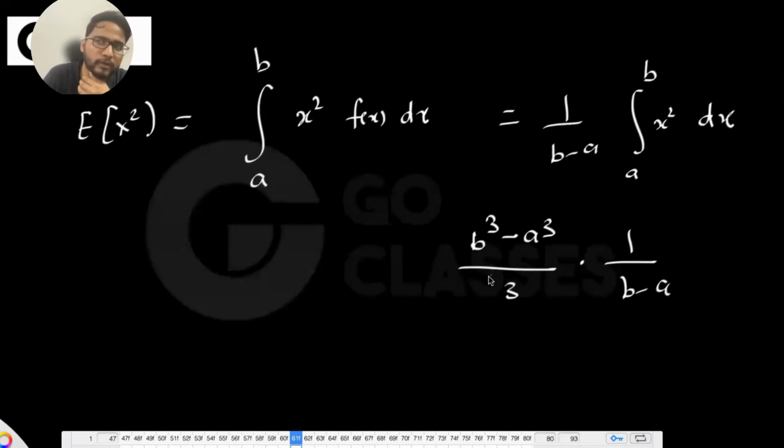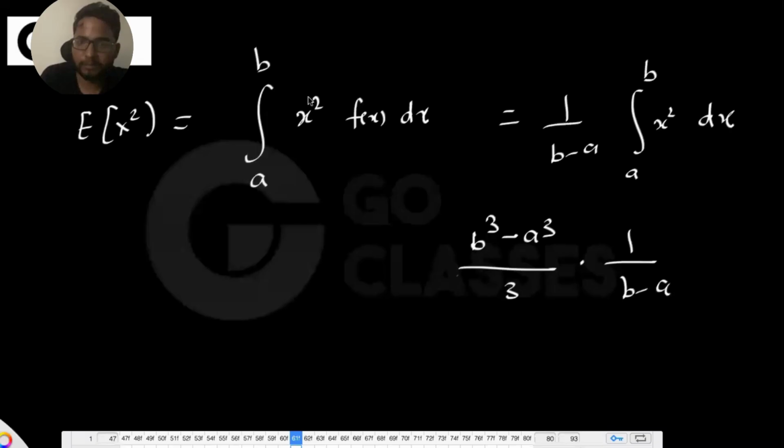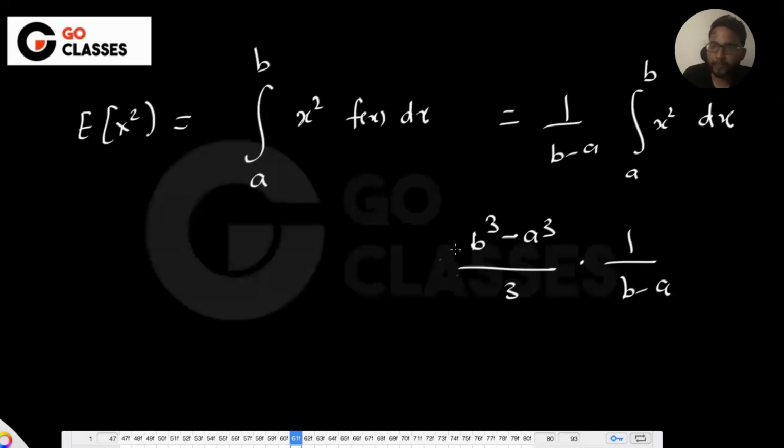What is the formula for a cube minus b cube, a minus b into something, right? Does anyone remember the formula? I think it is B minus A. There is some formula, I do not remember exactly, but till now it is fine.